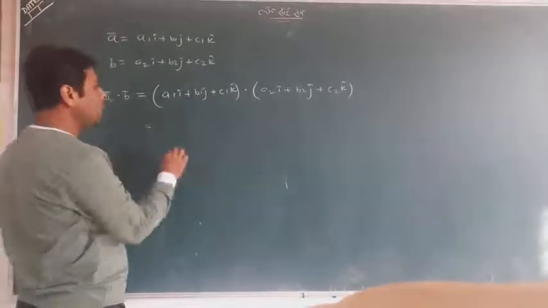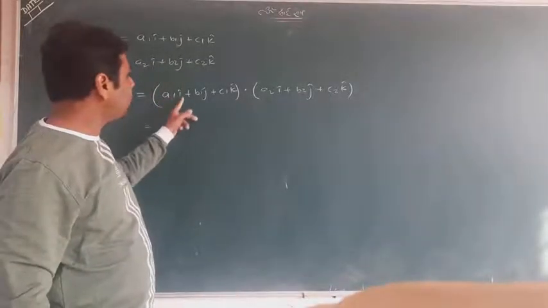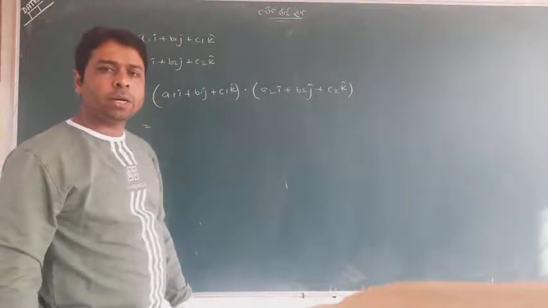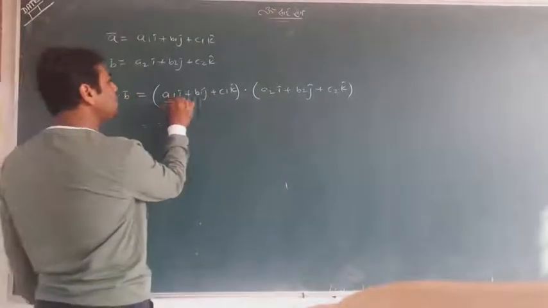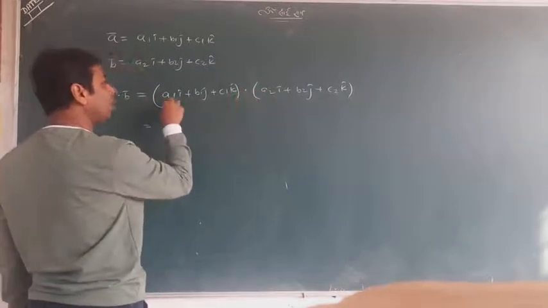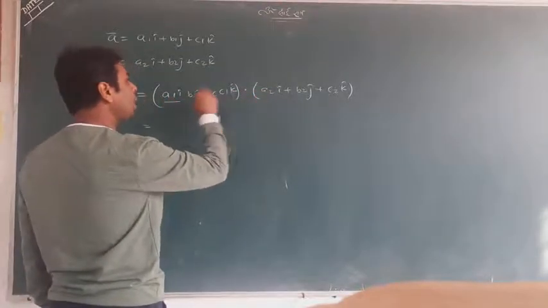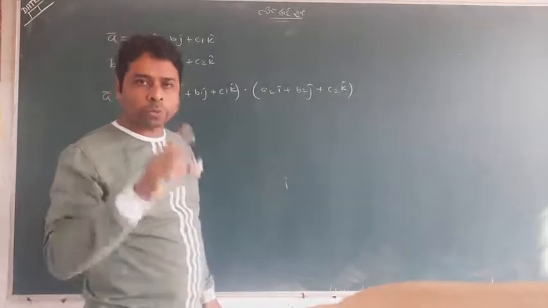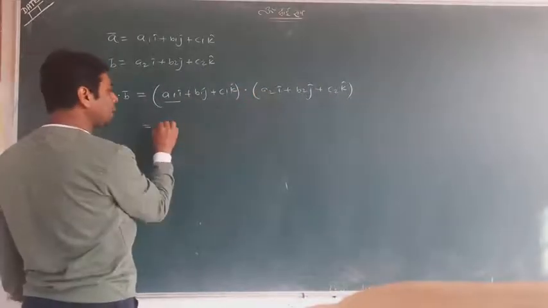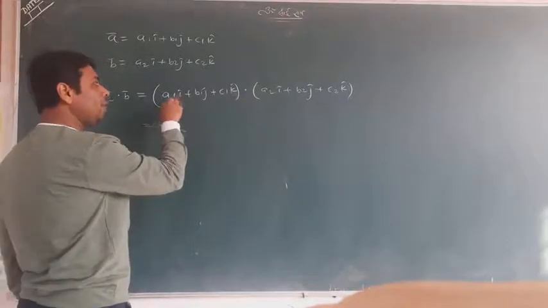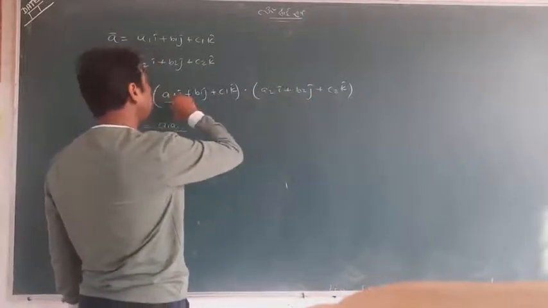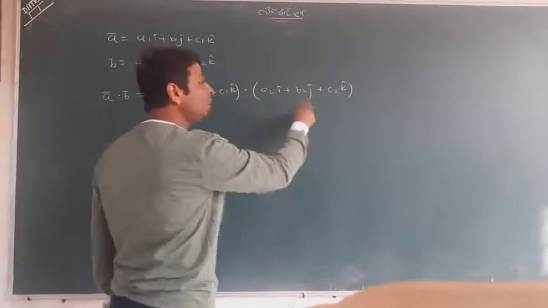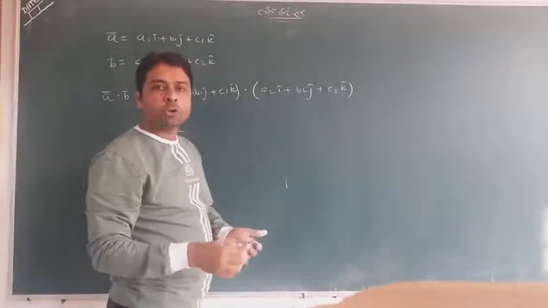I tell you how to multiply. a1 i dot a2 i. We will do it only as we multiply in algebra. First I will multiply this in all with dot product. Look at a1 a2 i dot i, you know it, i dot i is 1. So a1 a2 will remain. a1 i dot b2 j. So a1 b2 is a constant value, no matter at all. But i dot j will be 0. So I need not write it there.